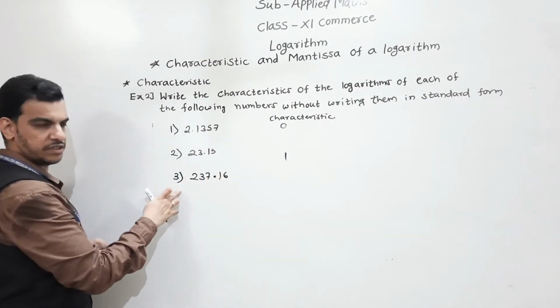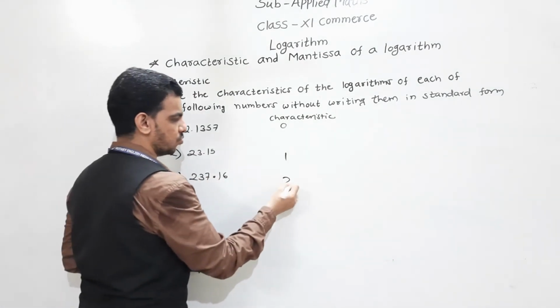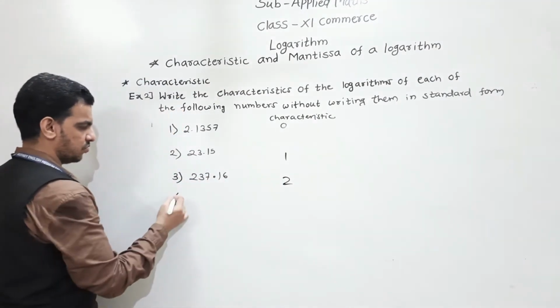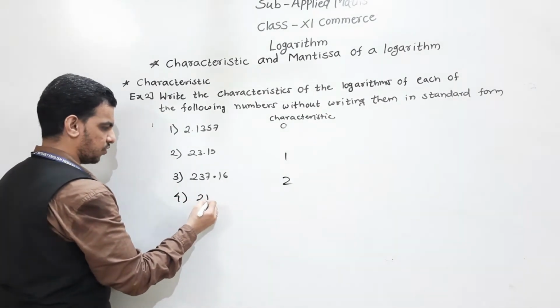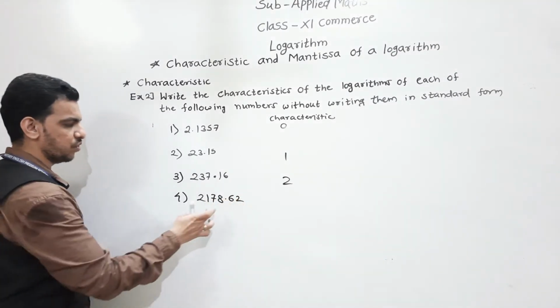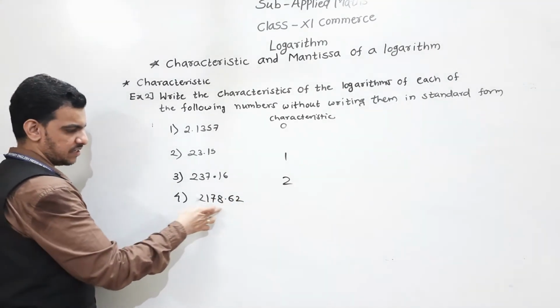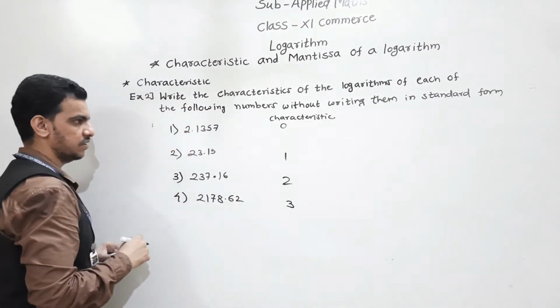Before the decimal point 3 digits are there, so 3 minus 1 is 2. So the characteristic is 2. If it is 2178.62, before the decimal point 4 digits are there, 4 minus 1 is 3. So the characteristic is 3.